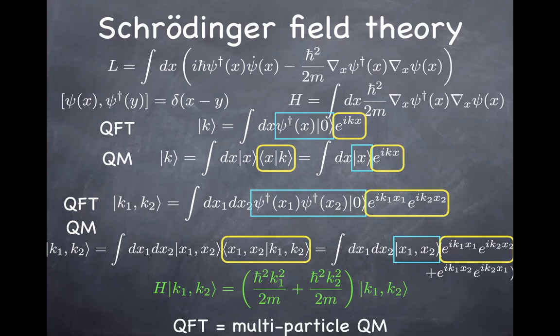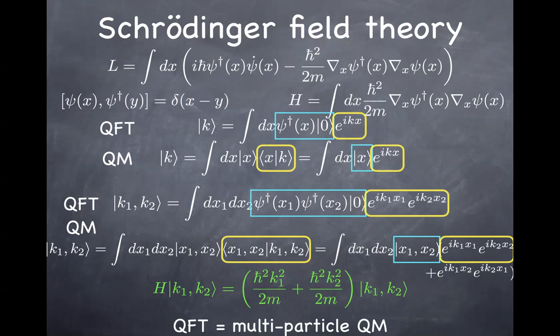One, you don't need to specify the number of particles to come up with a Hilbert space. In quantum mechanics, you have to specify how many particles you have and then construct the Hilbert space according to position operators of each of the particles. You cannot change the number of particles by any means.